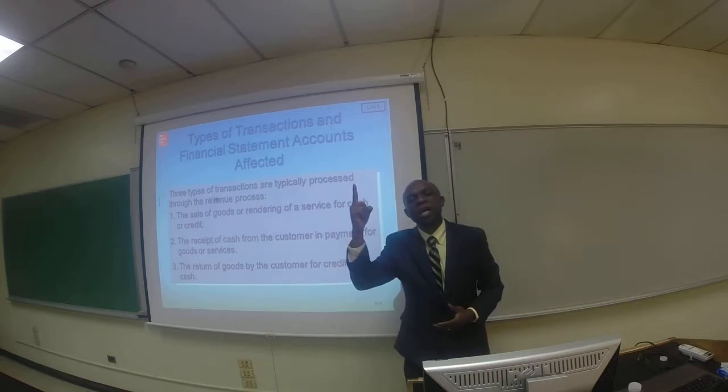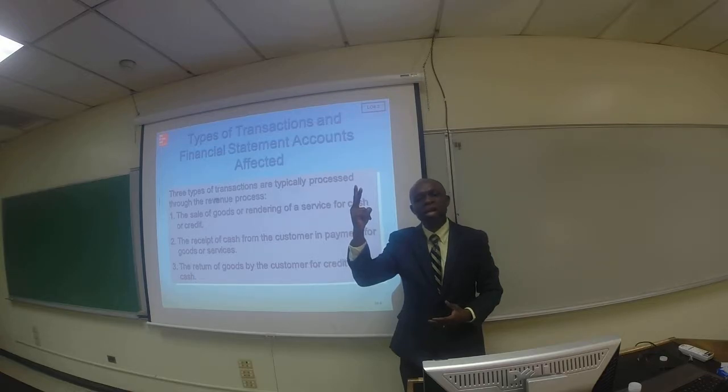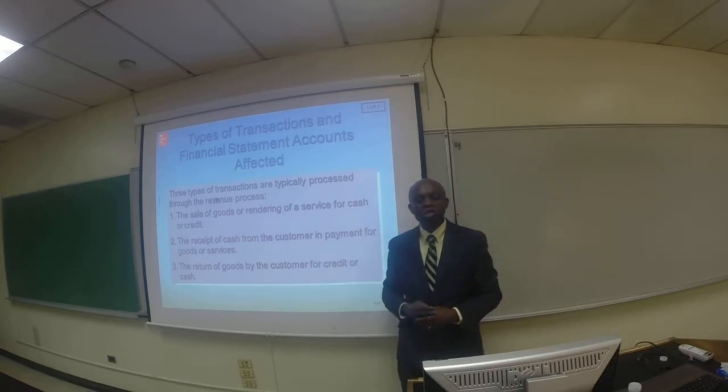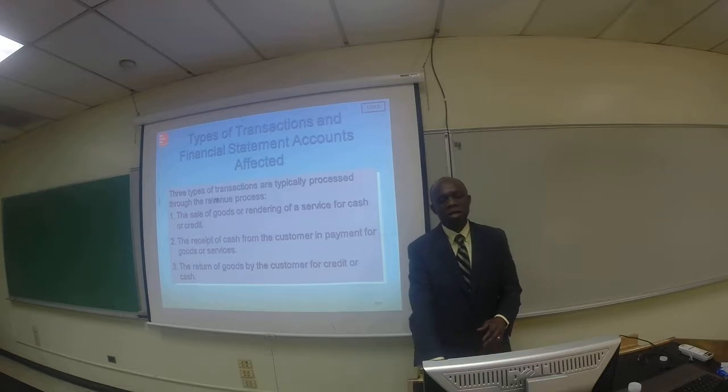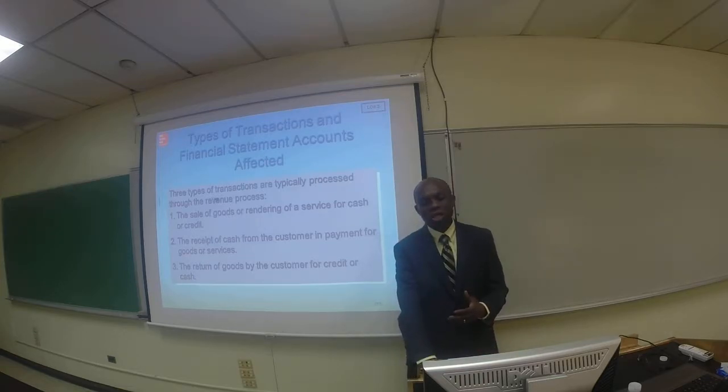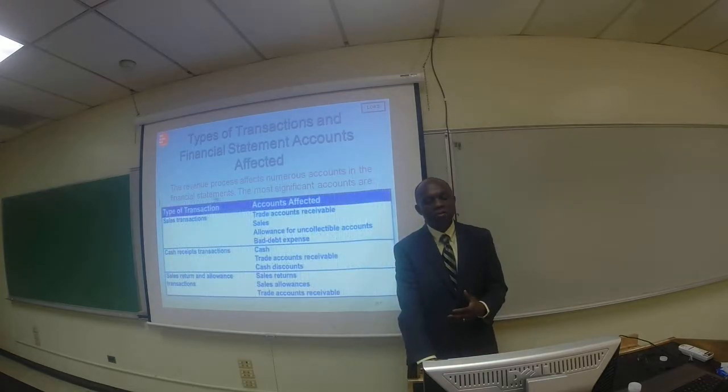After we sell to customers, then hopefully and prayerfully we expect payment from the customer. That is another transaction relating to revenue recognition. Number 3, sometimes the customer will have to return the goods for credit or for cash. So those are the 3 main types of transactions that we engage in relative to revenue.